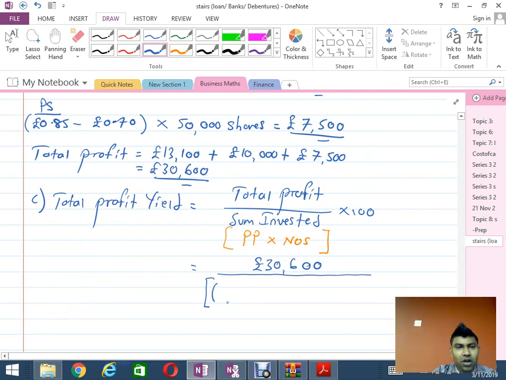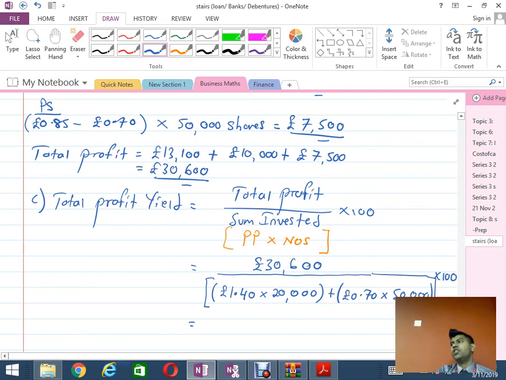So you start with ordinary shares. Ordinary shares is 1.4 times 20,000, plus 0.7 times 50,000. Then times 100.